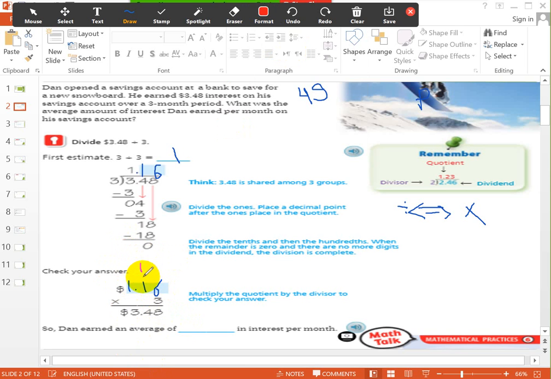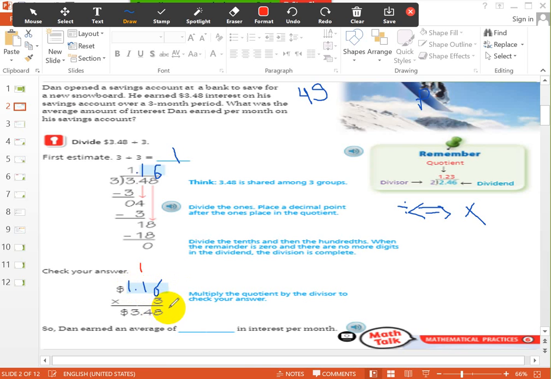Plus 1 equals 4. So I will write it here. And as we learned in decimal multiplication, I will put the decimal point and then I will multiply 3 with 1.